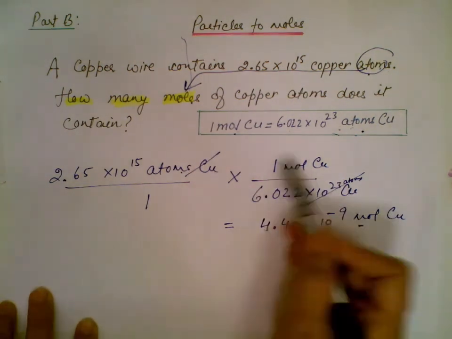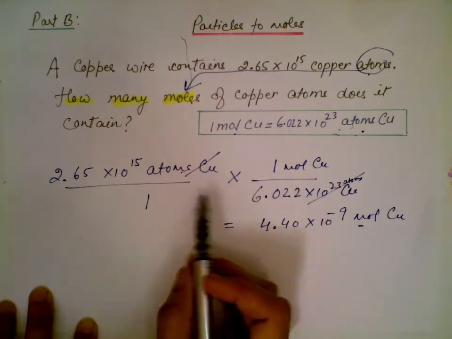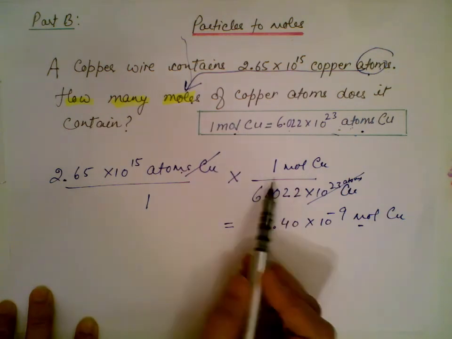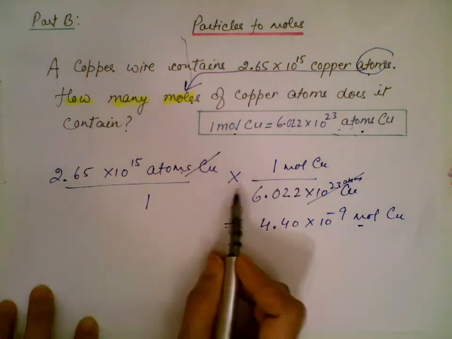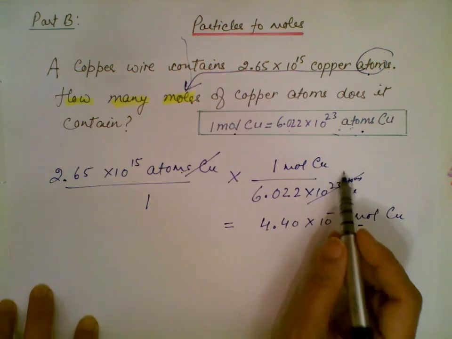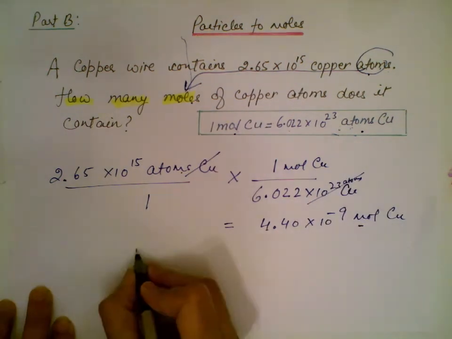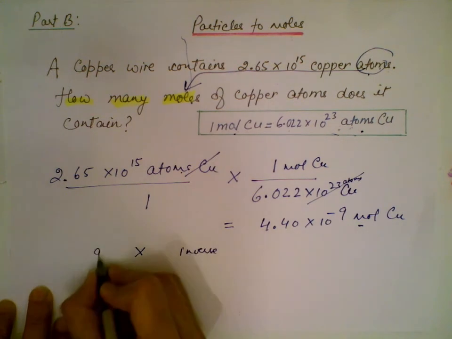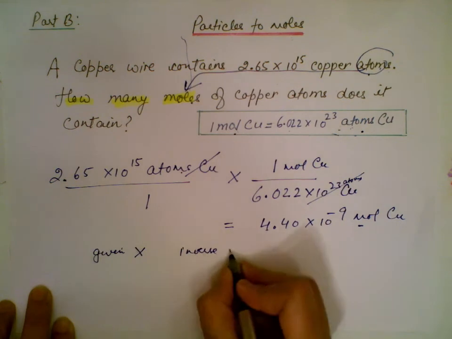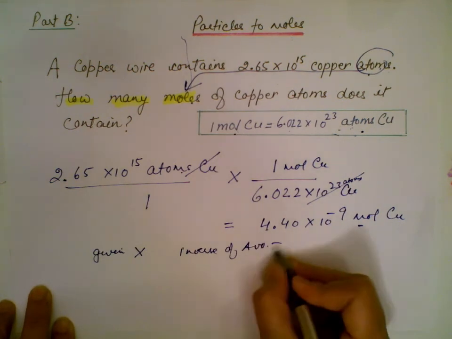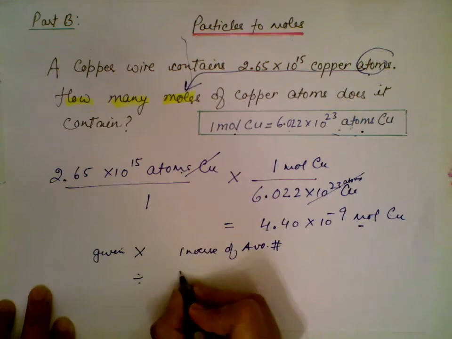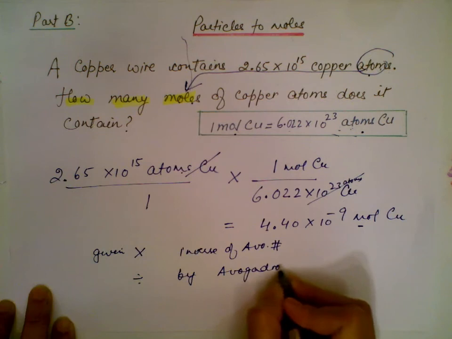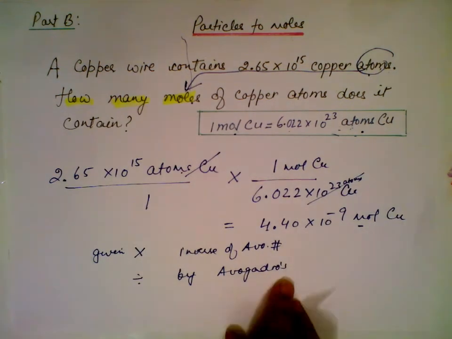Or you could say we divide by Avogadro's number, same thing. Now why would you inverse Avogadro's number here?